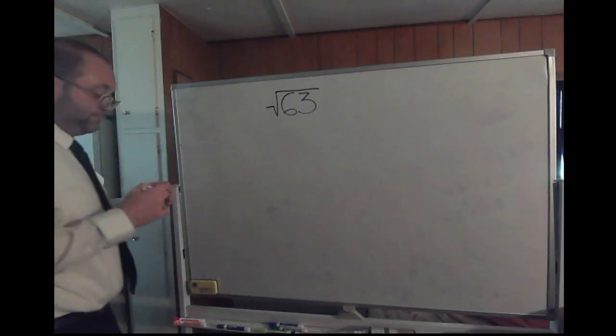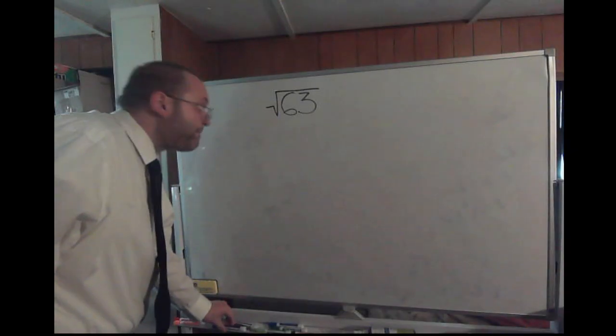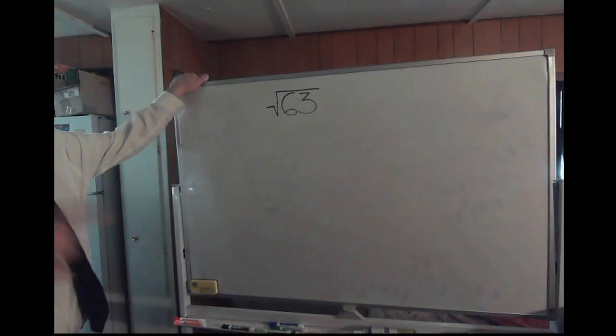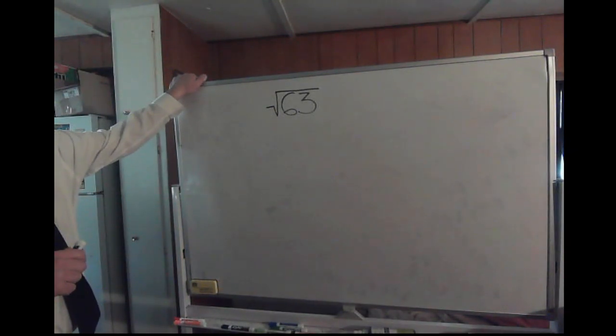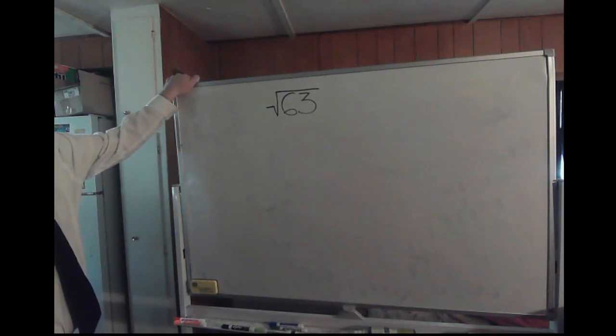Let's say we have something like the square root of 63. Well, we can tell you already that there is no number times itself that equals 63. No whole number times itself anyway. And if you take it with a calculator, you're going to get some ugly decimal number. It's non-repeating, but it's also non-terminating.